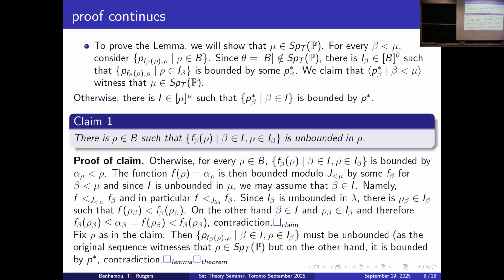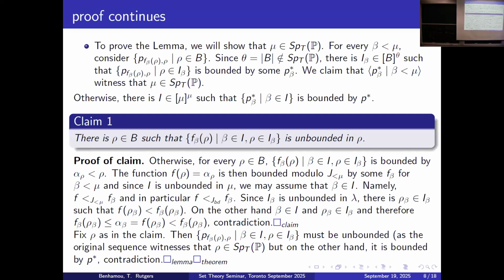Otherwise, there are many of these which are bounded by a single p star. So there is a single p star which is bounding many of these guys. Each one of them in turn bounds many of these guys, and we hope that for some rho, it will bound rho many of these guys. And this is the claim.